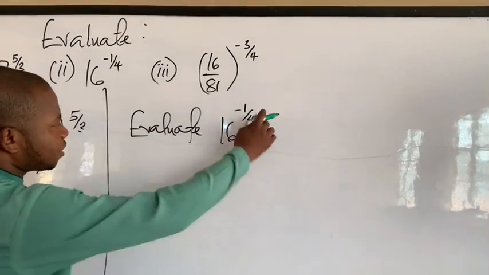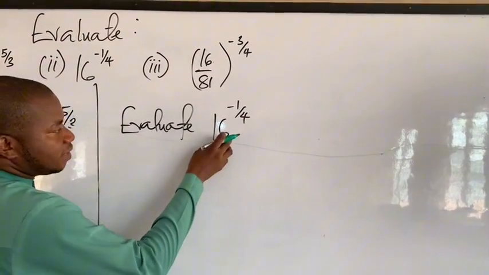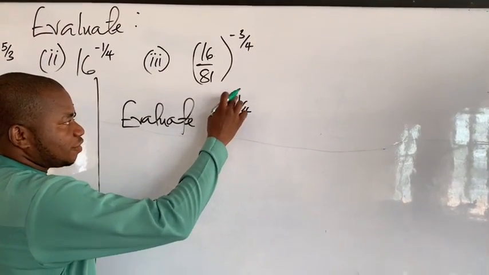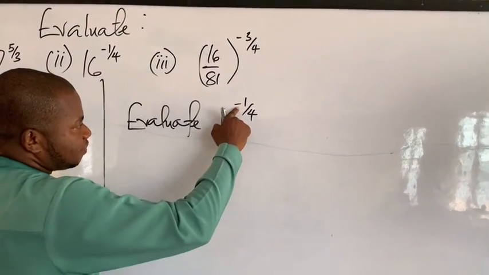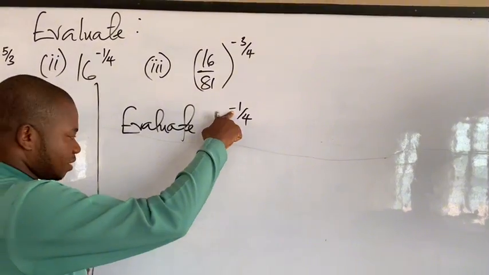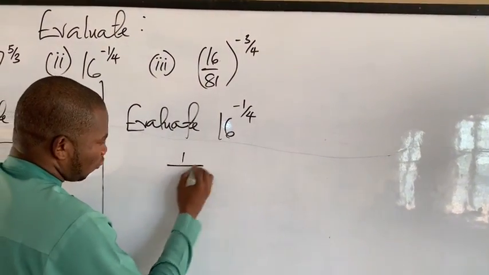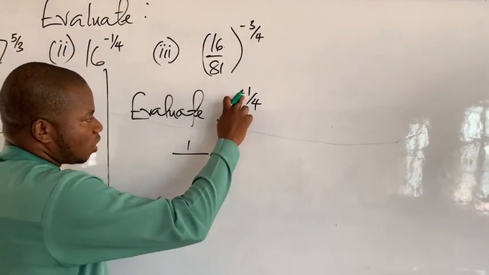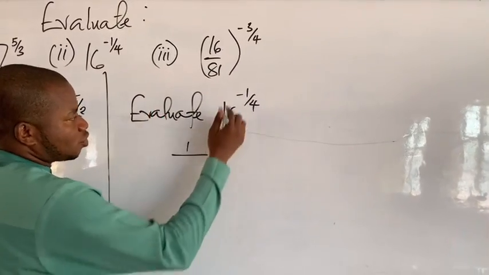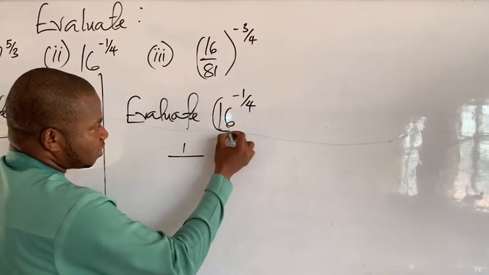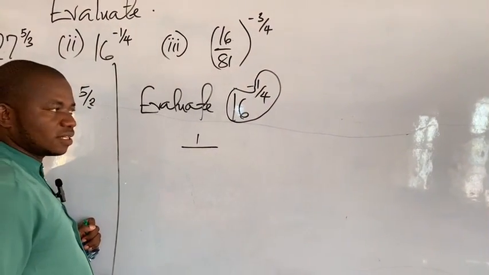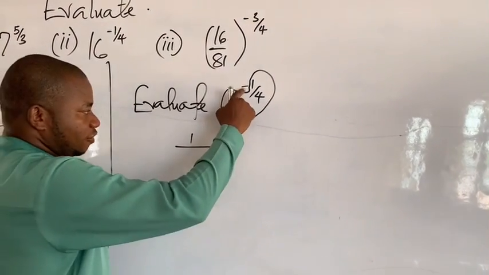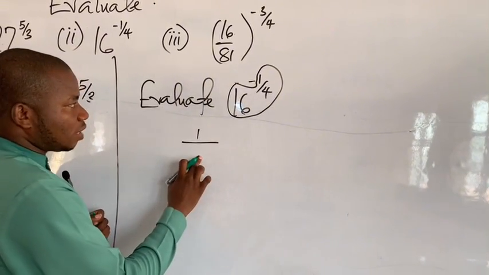Okay, now it's very simple. For you to go over this, you have to treat the negative first. The negative here in the case of indices is regarded as 1 over. So negative on its own is just 1 over.